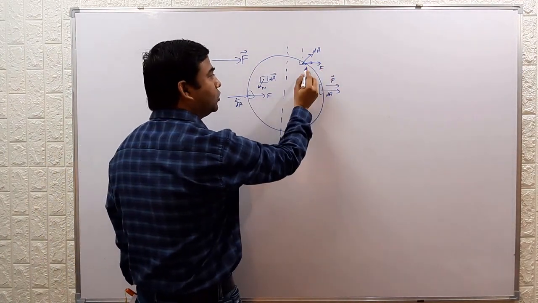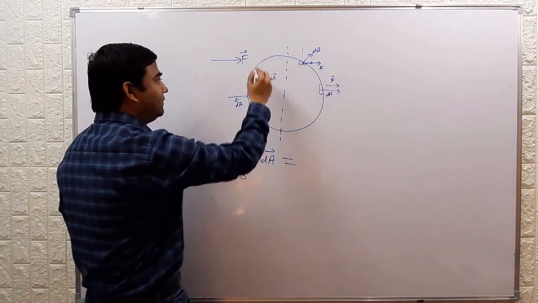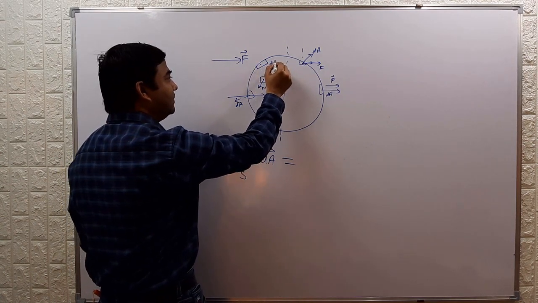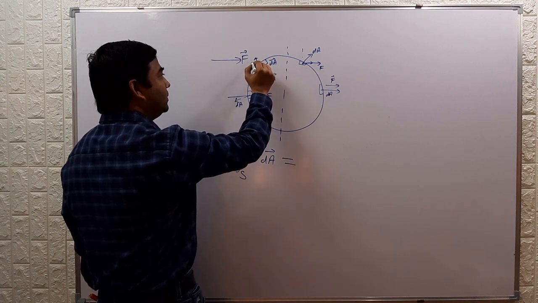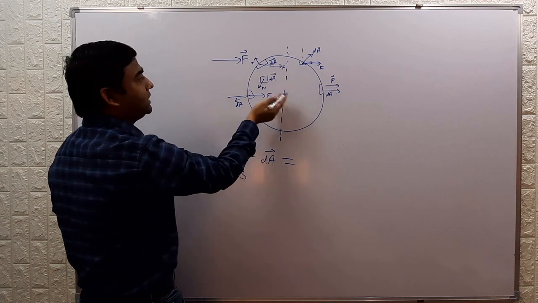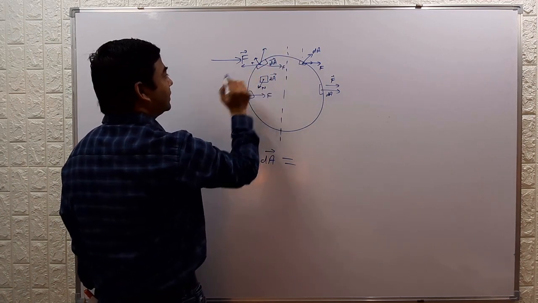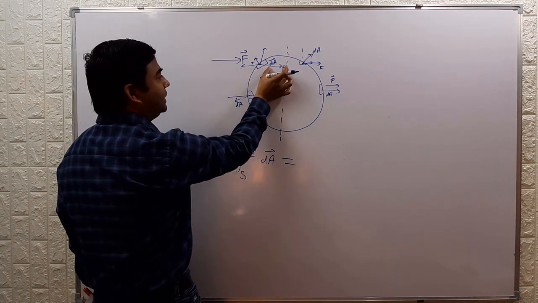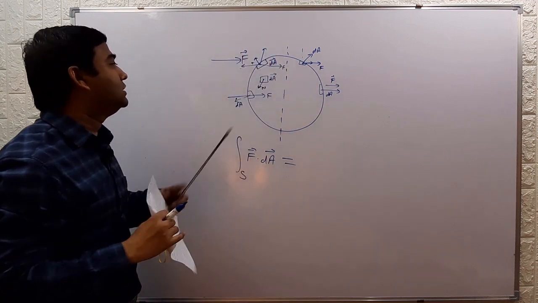That will be positive because both are in the same direction. And similarly in this left half, whatever small dA area element you select, every time the normal to this dA and this F will be in opposite directions. So the vertical component of dA contributes zero flux, and the component of dA along F is in the opposite direction to the field.